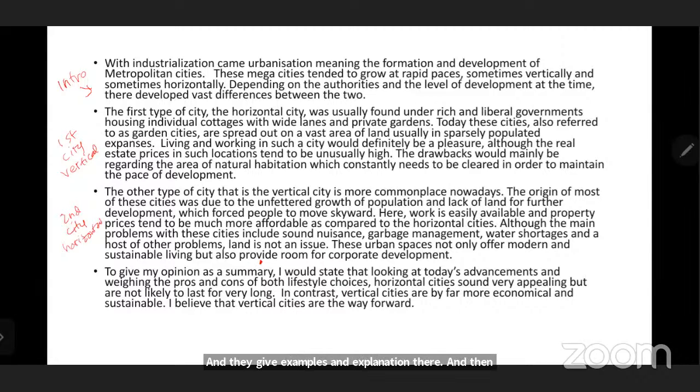And then for the last paragraph, as a summary is their opinion about those two. Okay, so basically it will be easier for you to write if you know what format to use. You can practice easier.